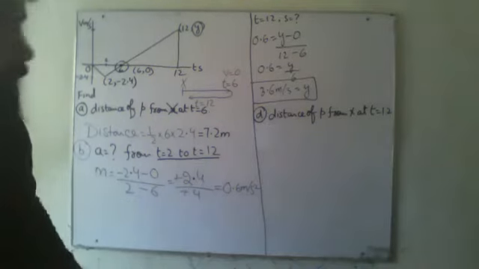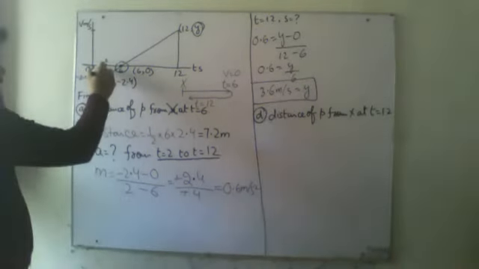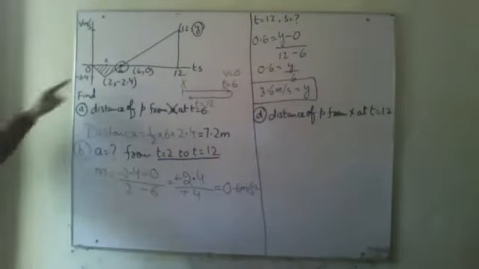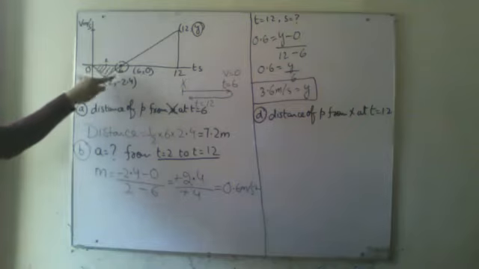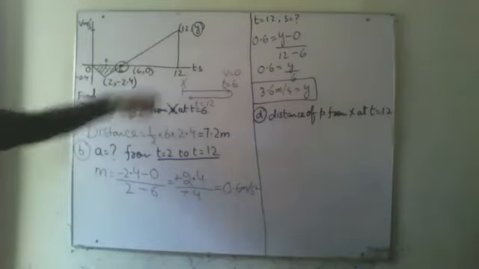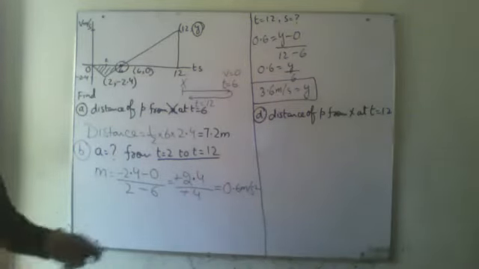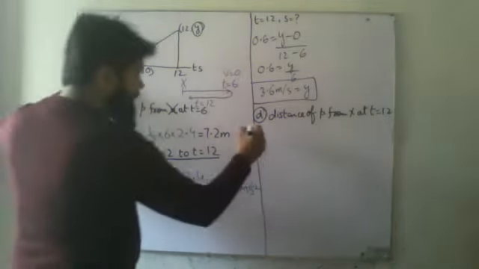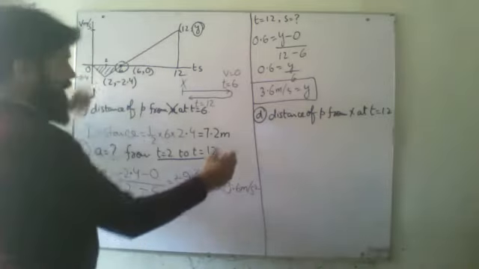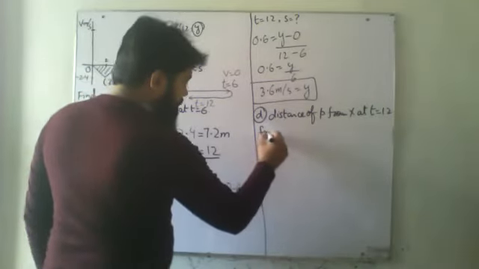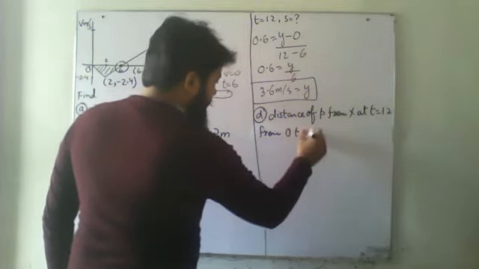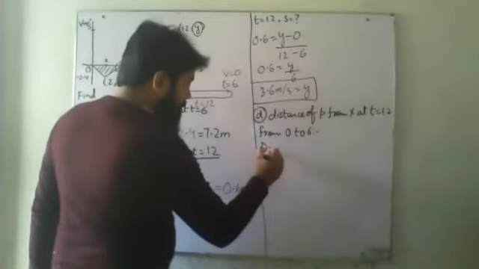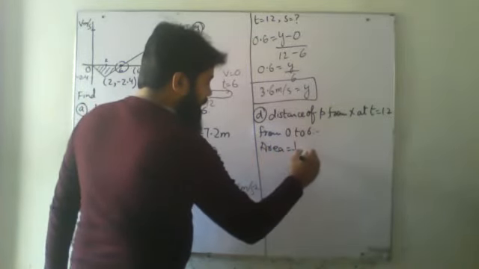So what can I do over here? First of all, I will find this distance over here, and then I will find this distance, and then I will see how far we are from the starting point. So the area of this part, from 0 to 6, will be half into base.